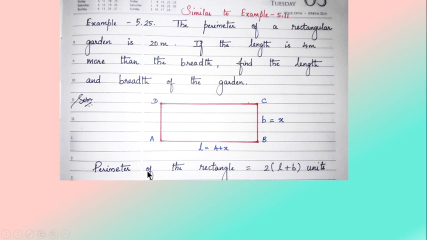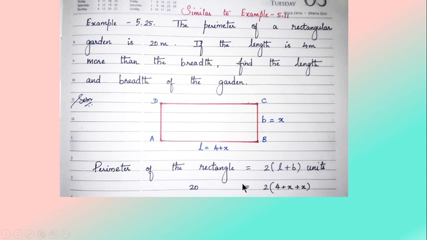We know the formula for the perimeter of a rectangle. What is the perimeter of a rectangle? 2 into (L plus B) units. So we write the value of the perimeter of the rectangular garden, which is 20 meter, is equal to 2, written as it is.